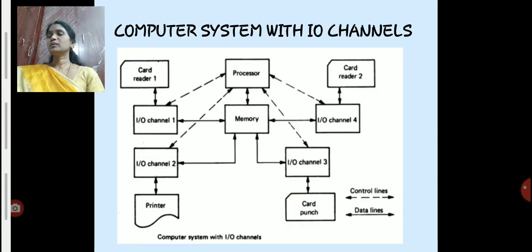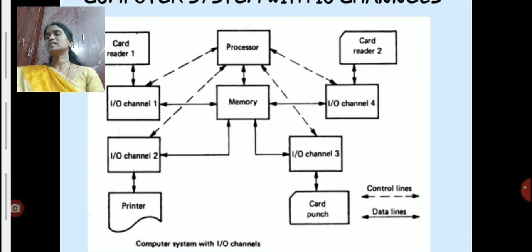So we implement this IO channel or IO processor within the computer, and this is the system which has the IO channels. See, the memory is in the middle. Above there is the CPU, and there are four IO channels: IO channel 1, 2, 3 and 4.